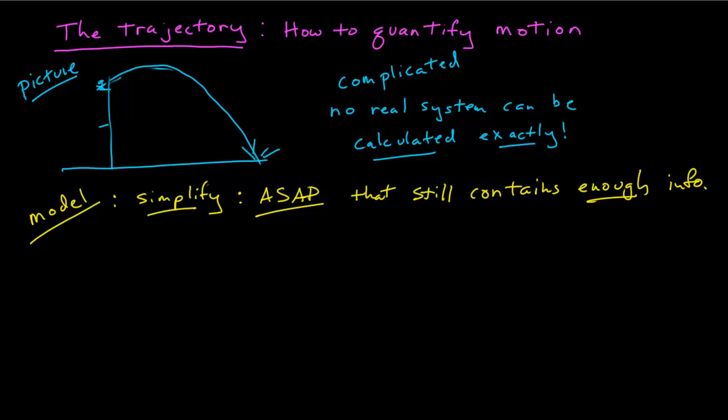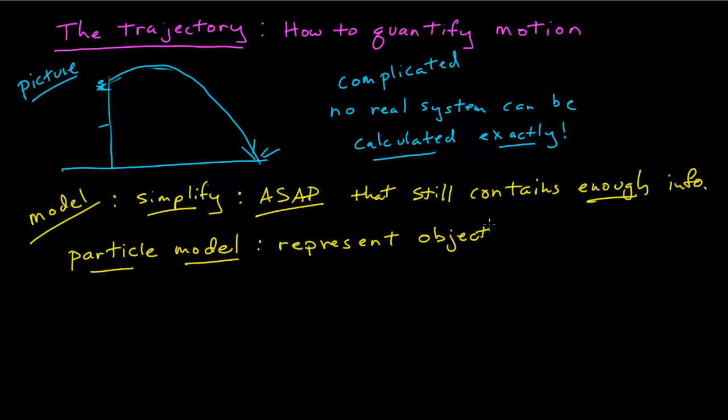But at this point, I want to introduce you to one particular model that we'll be using a lot, and we want to use it in this example here, which is the particle model. So the particle model is where we represent a complicated object like our water balloon as a point.